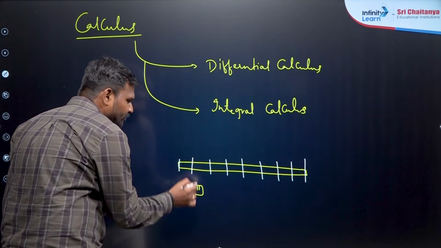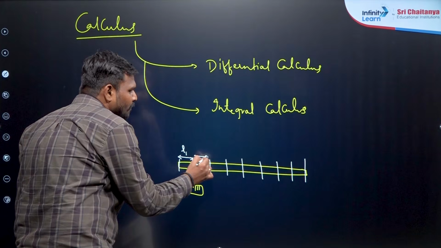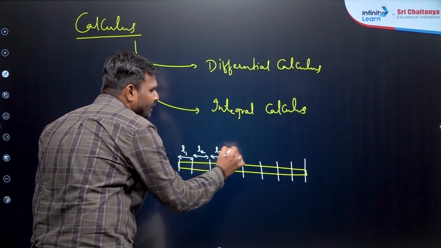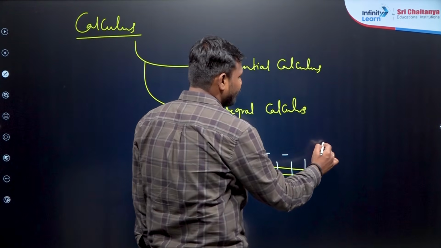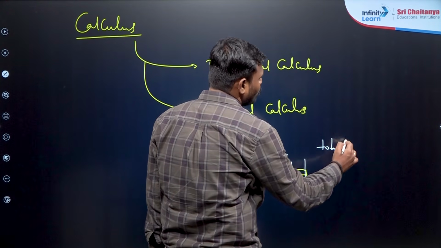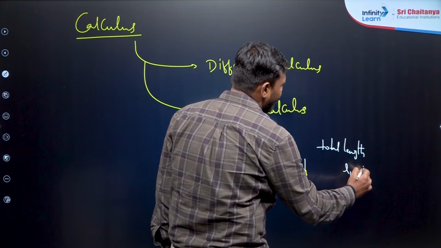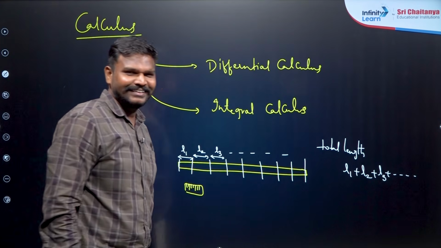With the small scale, we will say this is length L1, this is length L2, this is length L3, and so on. And in the end, if they ask what the total length of the rod is, we are going to add the lengths individually and say total length.